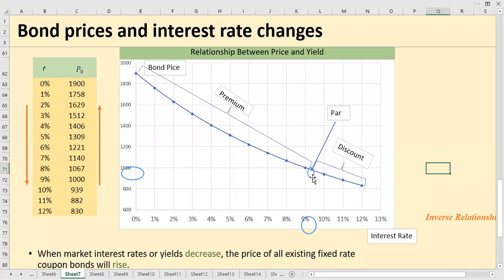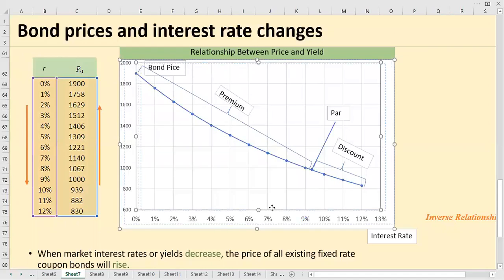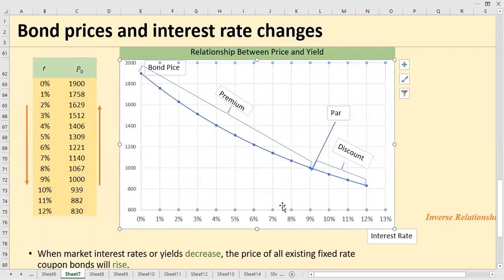So the exact position where the required rate of return is equal to the coupon rate, at that point we call it par value, and if it goes beyond, we call it premium, and if the bond is trading at a value that is less than the face value of that particular bond, then it is called discount.